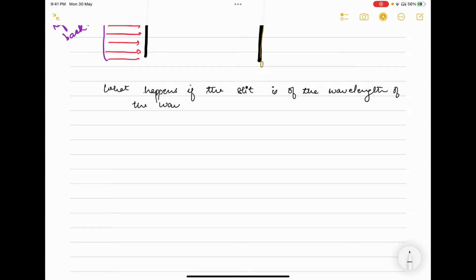As discussed in the previous lecture, in such a case, diffraction will occur. So when there is diffraction, we will get an intense peak.